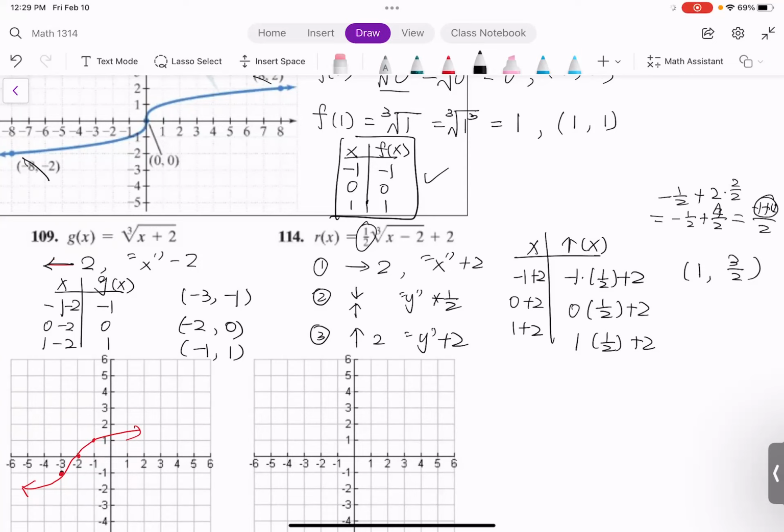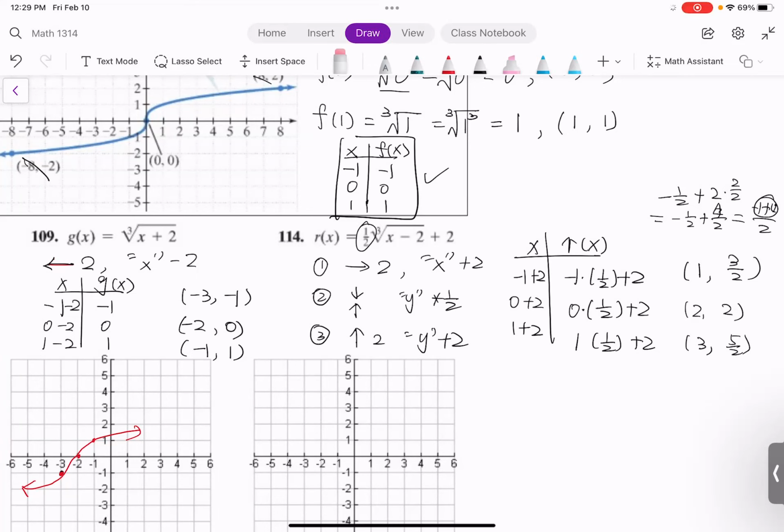This is -3. Oh, sorry, +3. So we have 3 over 2. And next one is 2, because 0 times 1/2 is 0. And 1/2 plus 2 is 1/2 plus 4 over 2, so that is 5 over 2.